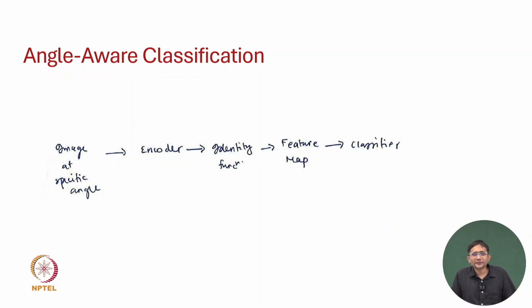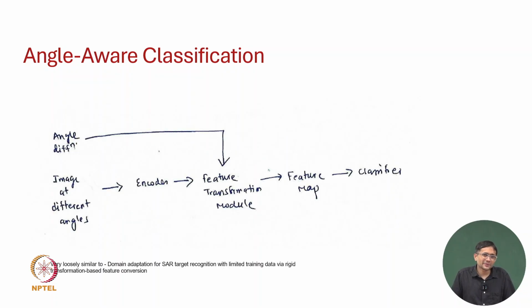Now, to work with different angles, how do you need to alter this particular architecture? Let's say we have angles, and we need to somehow have a feature transformation module coming after the encoder. The angle information is encoded in a proper form. This feature transformation module should be able to ingest this angle encoding or angle difference encoding, and then perform some transformation on the features after the encoder.